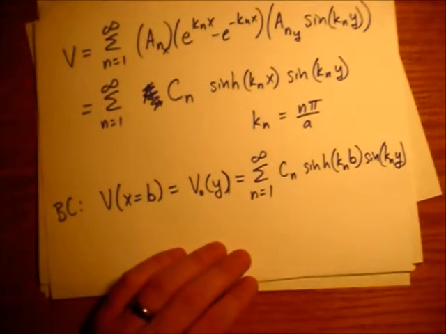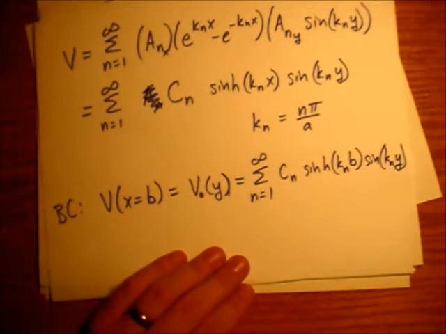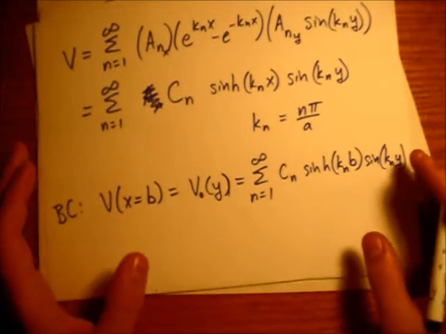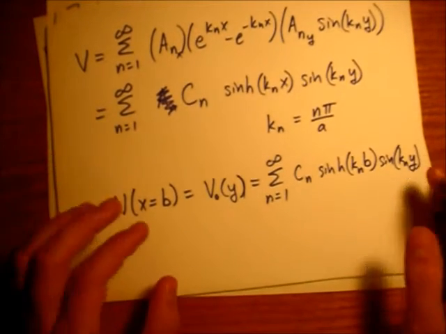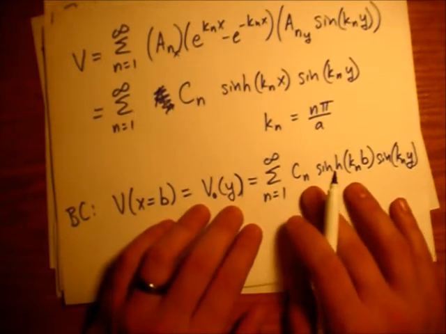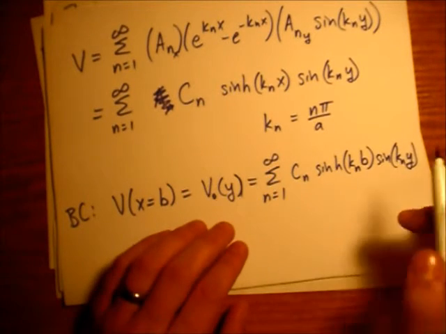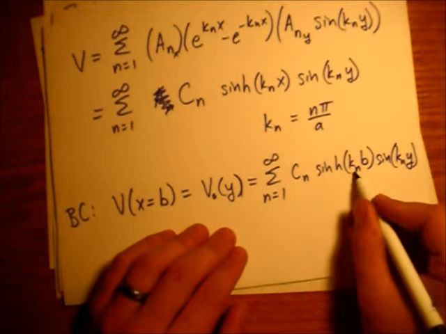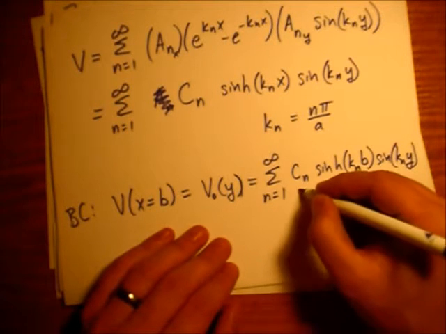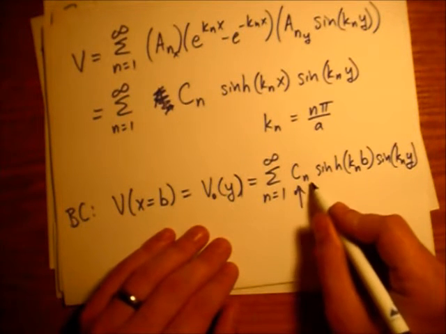Alright, so where are we at? We have our last boundary condition, and what we're looking for, right? We know what k sub n is. What we don't know is what c sub n is.